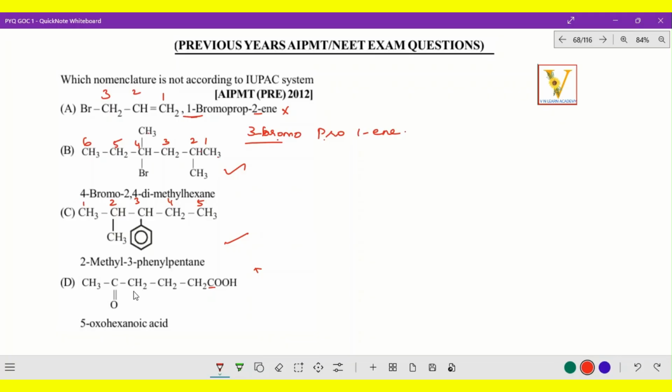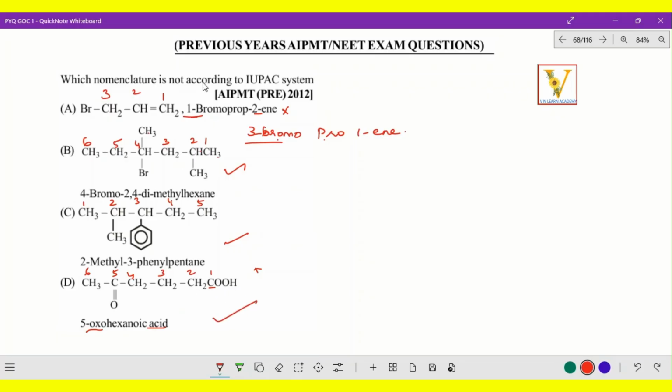So this is 5 oxo hexanoic acid. The numbering starts from the functional group, 1 to 6, so 5 oxohexanoic acid, oic acid, right? So this is also correct.